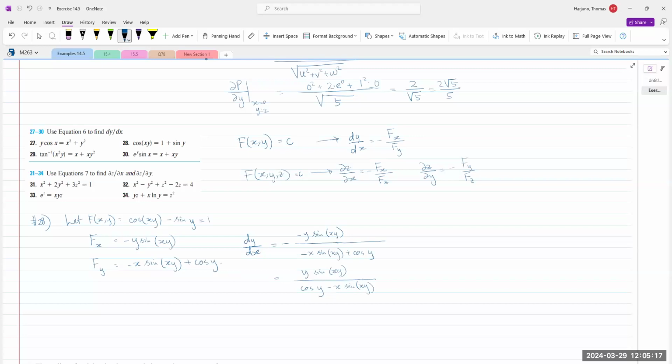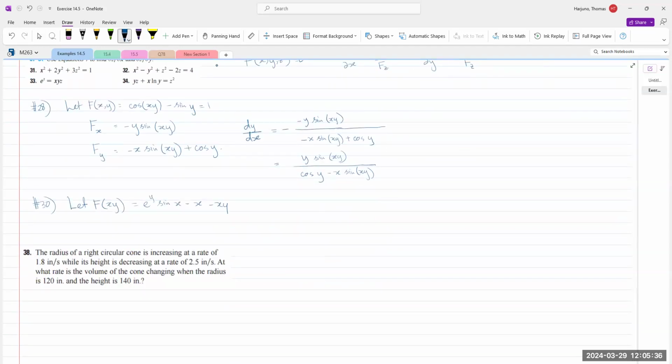Let's try again. Number 30. You will see this is basically just routine. Let the function f(x, y) equal e to the y sine x minus xy. Set it equal to constant 0.